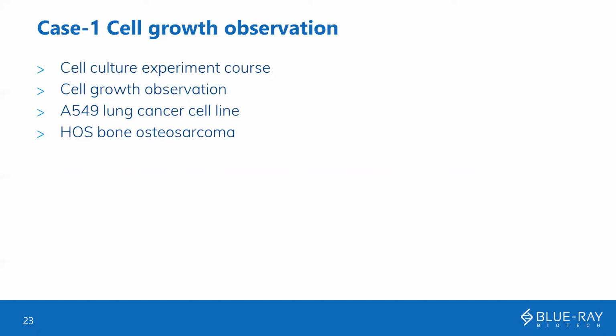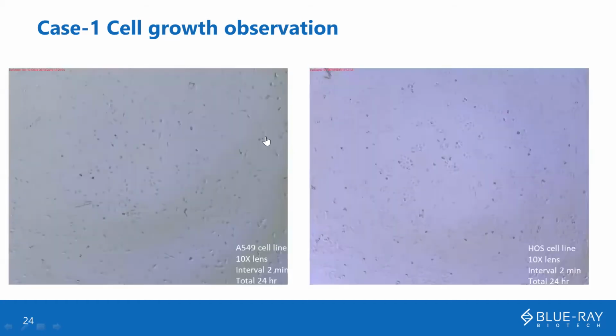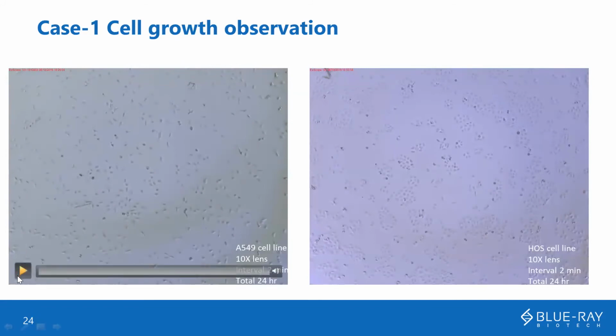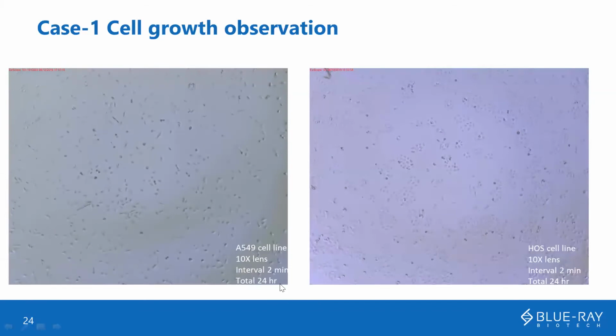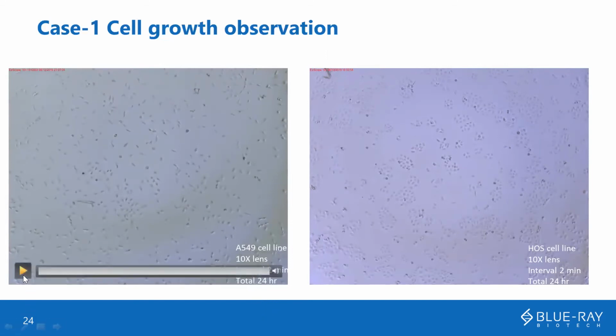So what we are looking at is A549 lung cancer cells and HOS bone cancer cells. On the left, you can see the A549 cell line under 10x lenses with an interval of 2 minutes for a total of 24 hours. So you can see cell expanding and proliferation.